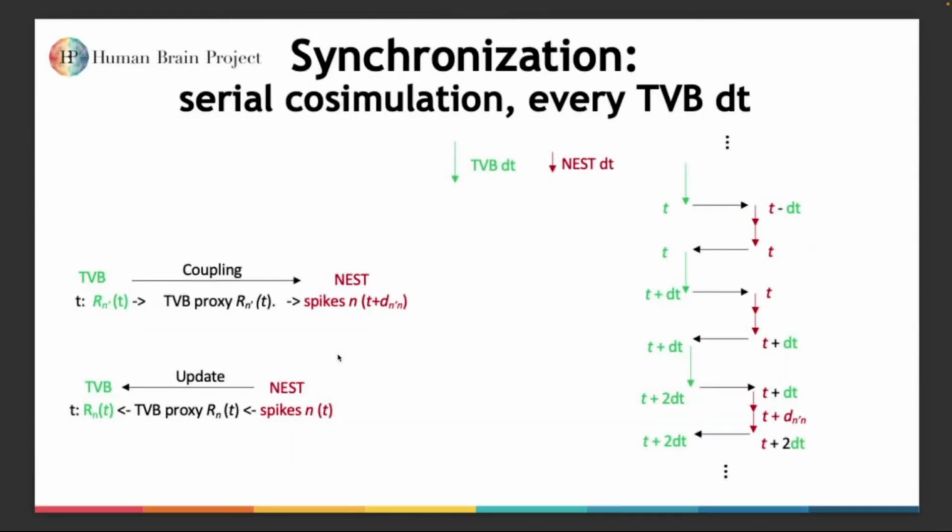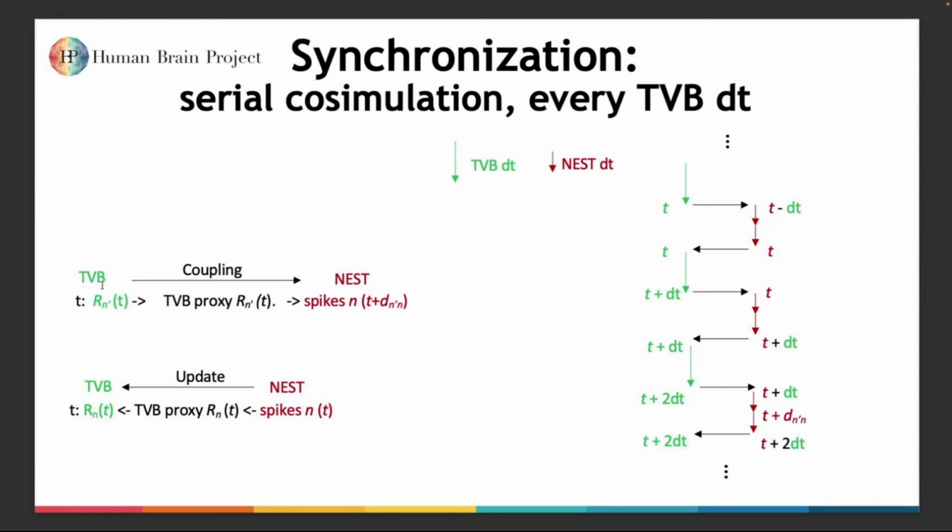Another important issue is the synchronization between the 2 simulators, because they both simulate in time and they need to exchange data at particular moments so that co-simulation continues. So one way is to simulate one step of TVB, send data to nest, for instance, then simulate one step of nest, send data to TVB, etc. In other words, synchronize every time step and simulate serially.